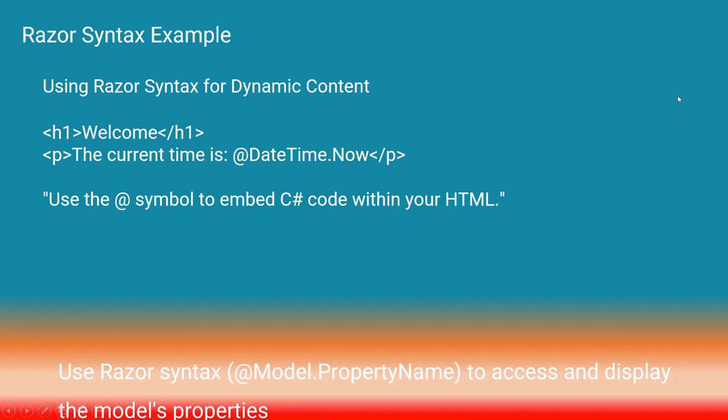The @ symbol indicates the start of a C# code block. In this example, @DateTime.Now will output the current date and time. Razor will execute the C# code on the server side and generate the corresponding HTML output, allowing you to create dynamic web pages that display real-time information.